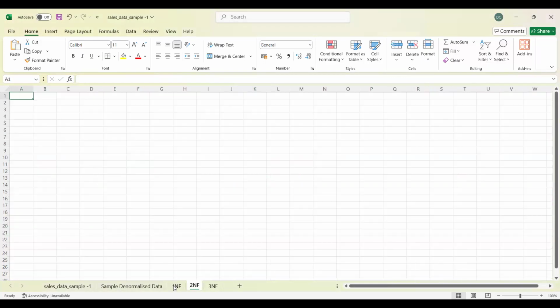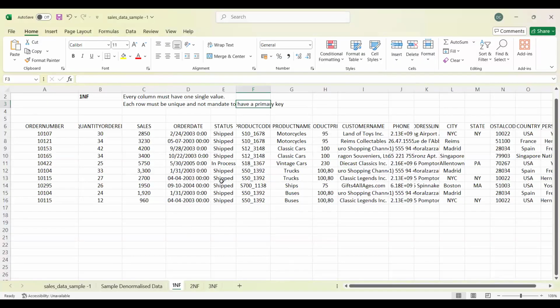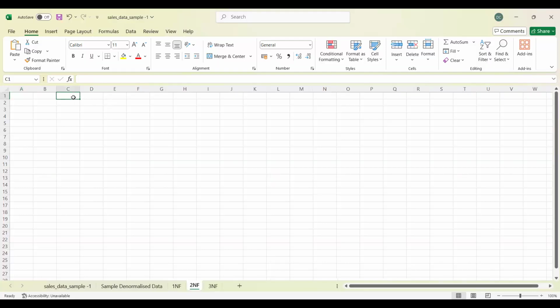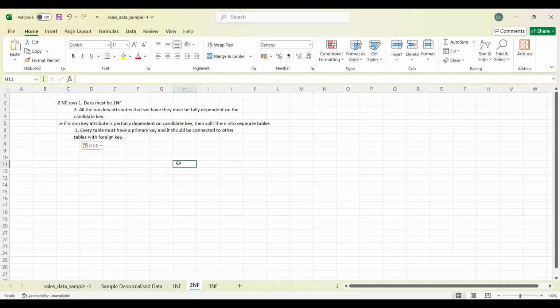As I said previously, in every normal form we have some rules, and to say that this data satisfies that normal form, the data should follow those rules. In the same way, in 2NF also I have some rules.